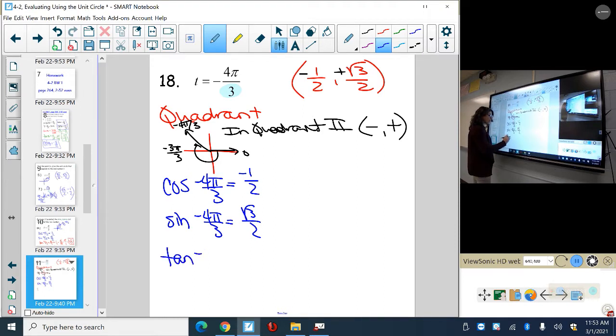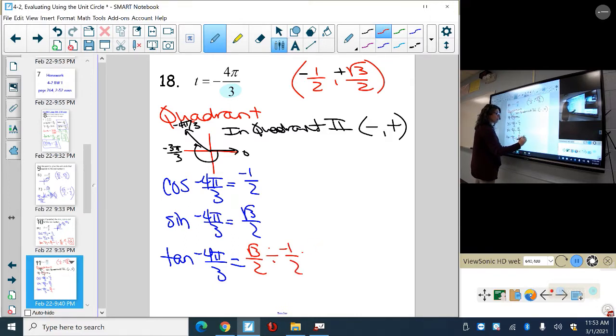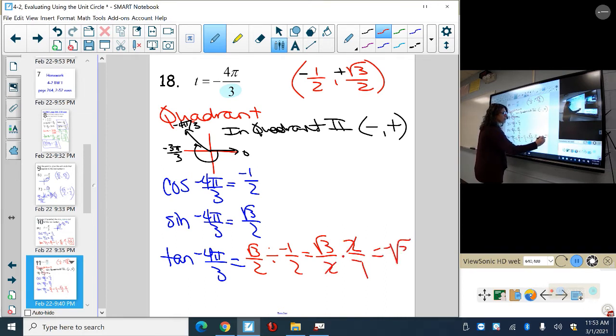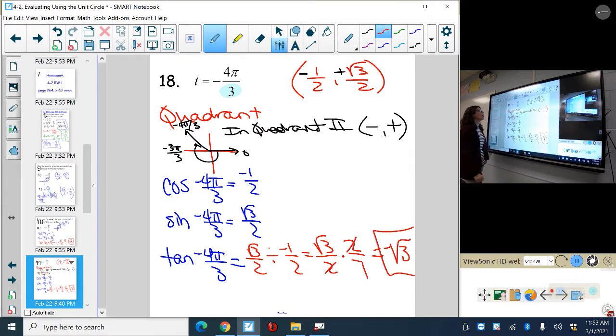That leaves the tangent of negative 4 pi over 3 to be my sine value divided by my cosine value, which means I am flipping the second fraction, putting multiplication. The 2's cancel out to give you negative square root of 3. So there are the 3 values for negative 4 pi over 3.